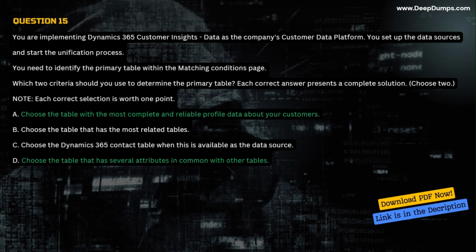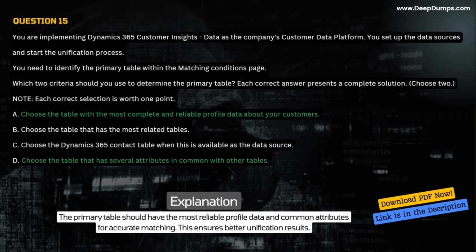Correct answer A and D. Choose the table with the most complete and reliable profile data about your customers. Choose the table that has several attributes in common with other tables. Explanation. The primary table should have the most reliable profile data and common attributes for accurate matching. This ensures better unification results.